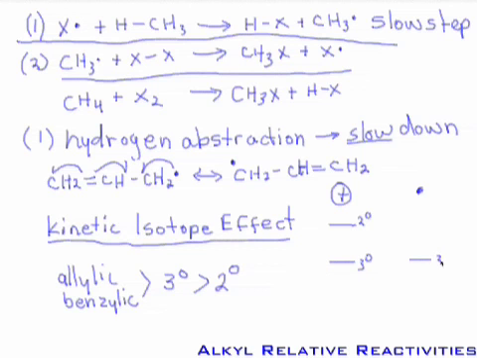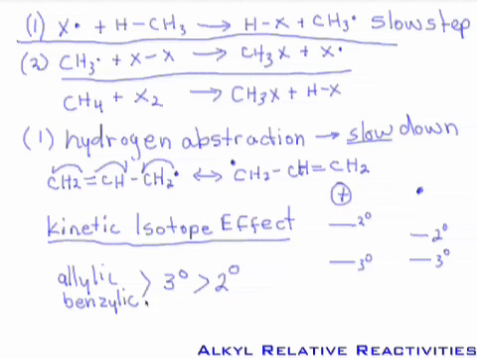Comparing similar radicals gives you a smaller energy gap. That is, the energy difference between tertiary and secondary is smaller than what you get in carbocations. In a radical, yes, tertiary is more stable than a secondary, but that more stable is not as big as it is in carbocations. So the stability difference is smaller.